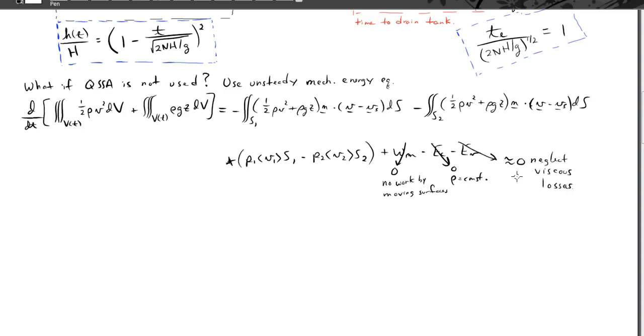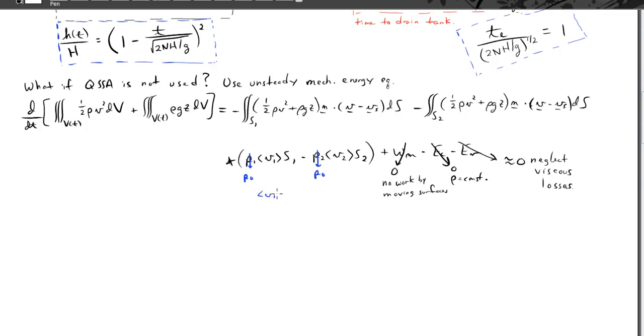The question is now, how do we simplify this a bit further? Well, the one thing we note is that surfaces 1 and 2 are both open to the atmosphere, so the pressure in each case is P naught. We also know from the mass balance that the rate at which liquid exits the system is equal to the rate at which the top surface moves downward.